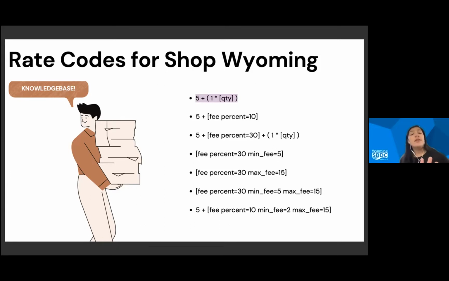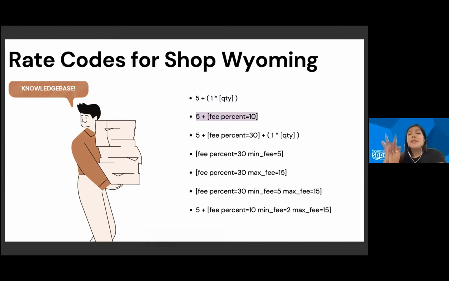So the flat rate is $5 plus $1 more for every other item. What that would mean is if I'm buying 1 candle, my shipping rate is going to be $5. If I'm buying 2 candles, my shipping rate is going to be $6. If I'm buying 3 candles, my shipping rate is going to be $7. So that's a cool way to do it. And then there are other codes that get a little more specific. For example, the second bullet point here says 5 plus fee percent 10.